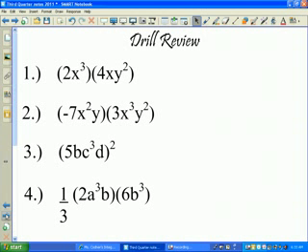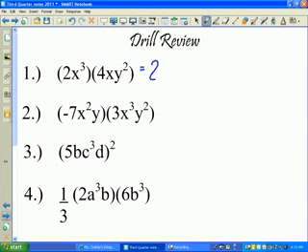Even though they're inside parentheses, those are not considered bases, meaning what's inside the parentheses is not being raised to a power. So this is not being raised to a third power, this is being raised to a fourth power. They're not being raised to a power outside the parentheses, so therefore we're just simply going to go ahead and multiply.